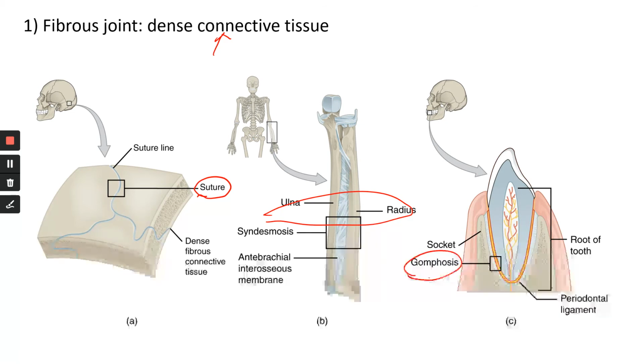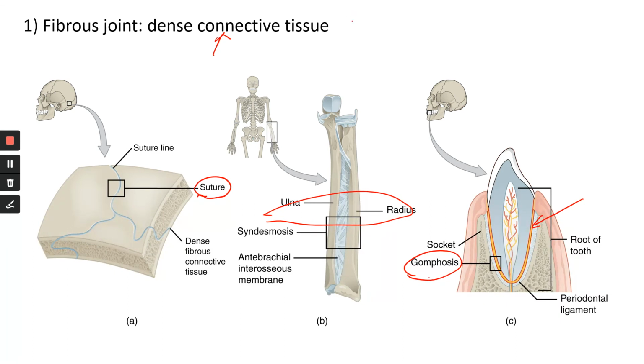Your teeth are actually held in the sockets by dense connective tissue. So this is actually a type of joint. And again, remember this fibrous joint is very tough, right? This is what keeps your teeth in the sockets, so you don't just randomly have teeth falling off. That will be really bad.